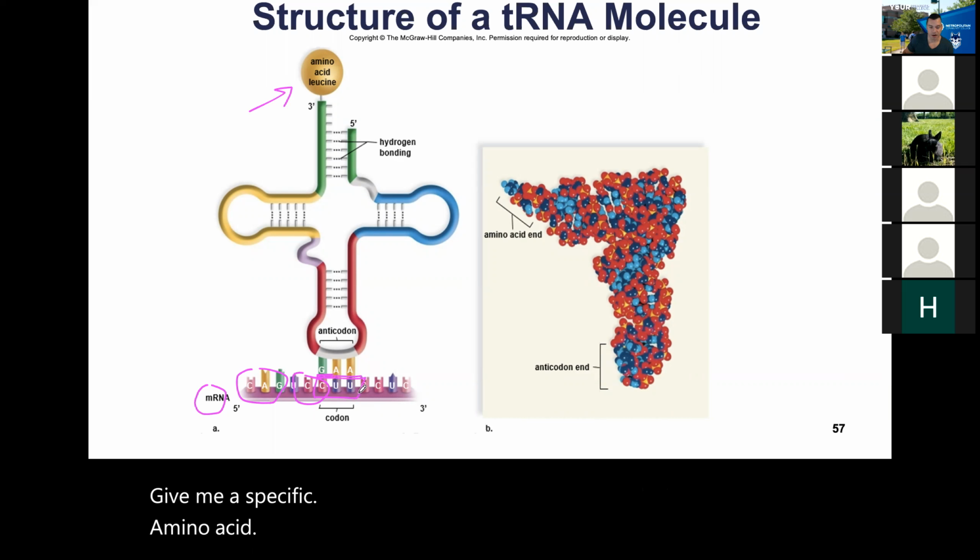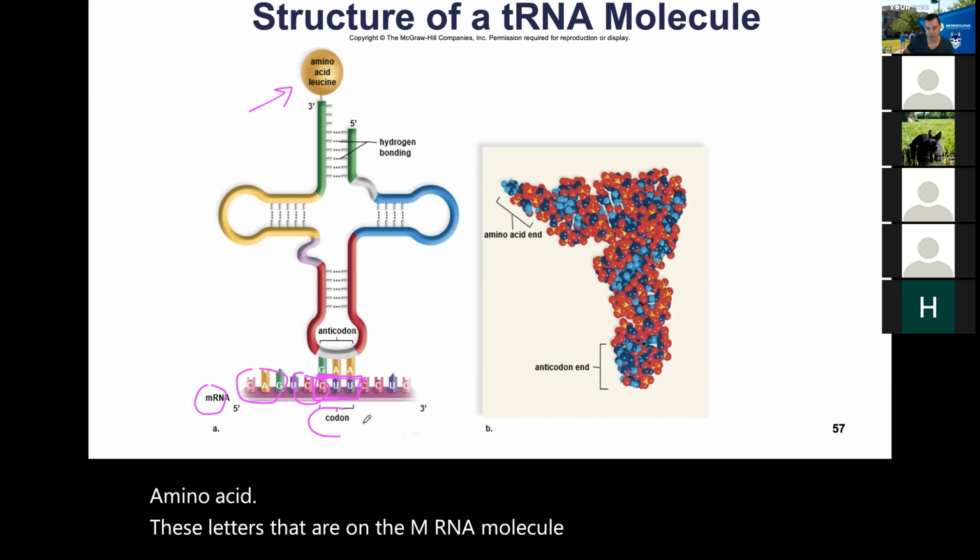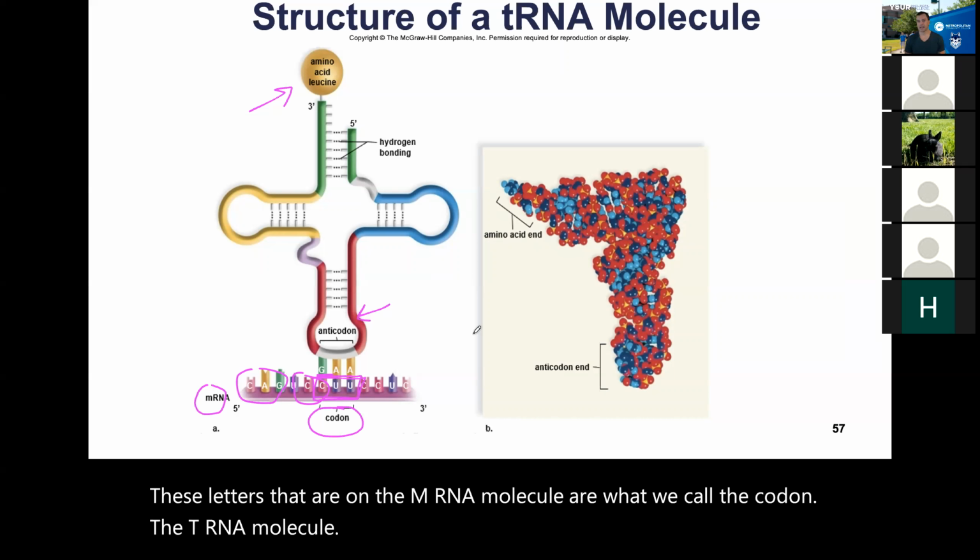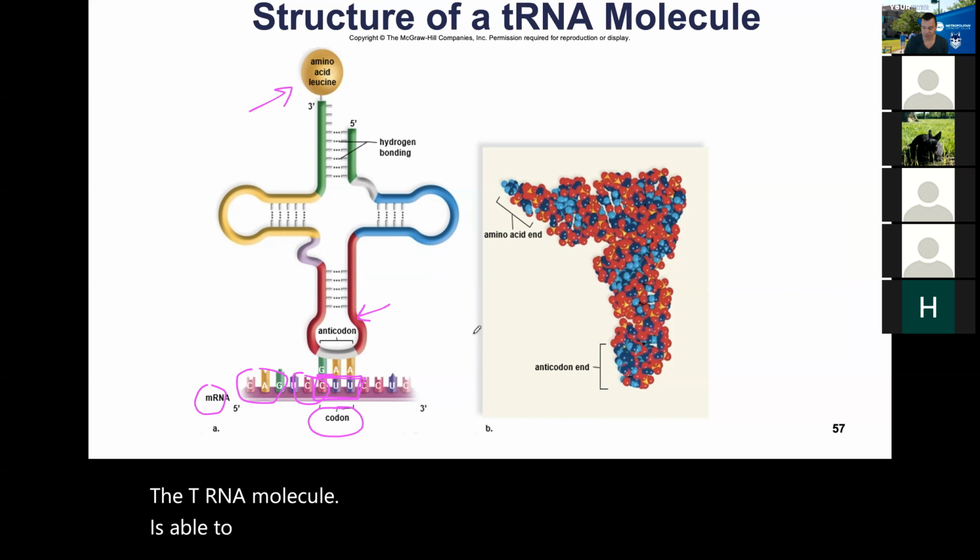These letters that are on the mRNA molecule are what we call the codon. The tRNA molecule is able to read that and will bind to it with an anticodon.